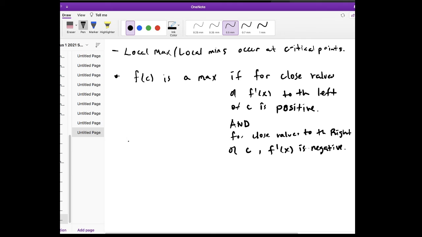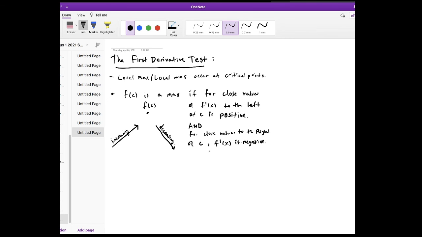It's increasing, yeah. So the general shape of the graph to the left of f of c is increasing. And again, to the right of f of c, f prime of x is negative as a statement. So that means that it's decreasing. So that kind of intuits why it's a max there.